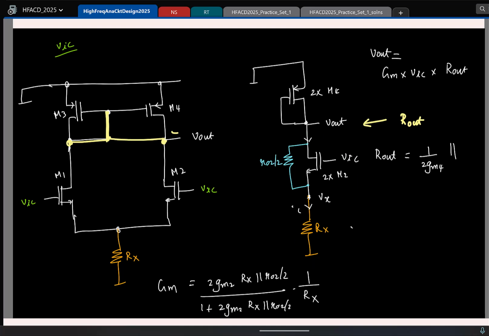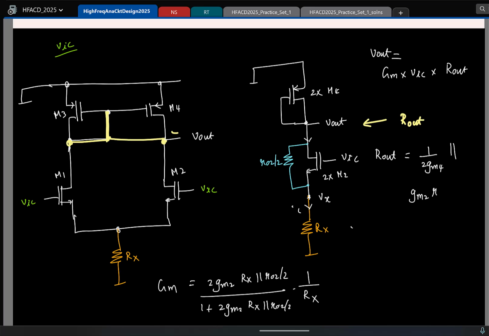It's again cascode. Approximately what is the resistance of the cascode? It is the intrinsic gain of this times the resistance. And what is the GM of this composite transistor? What is the R0 of this composite transistor? Intrinsic gain doesn't change. 2 GM R0 by 2. So this is parallel with GM2 R02 times Rx. This is approximate.